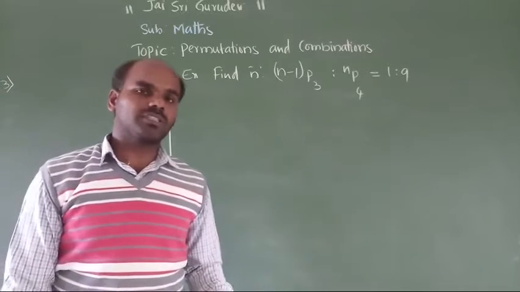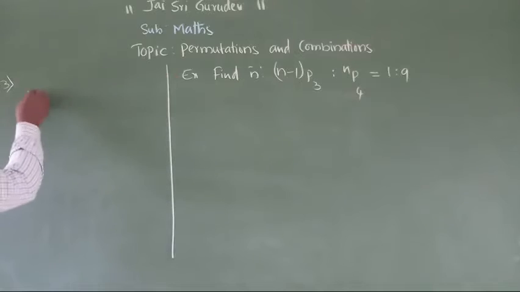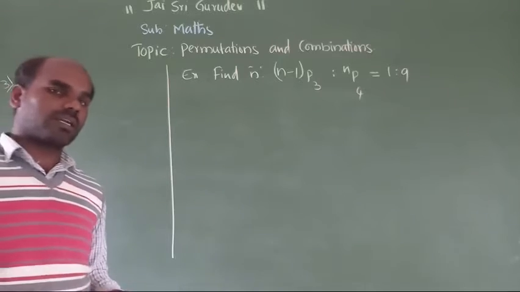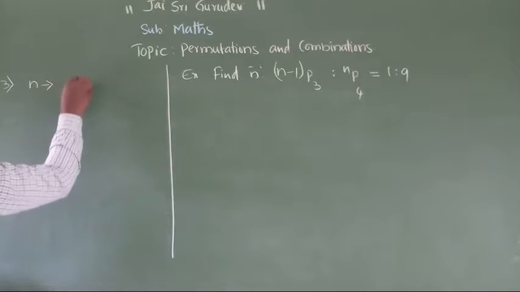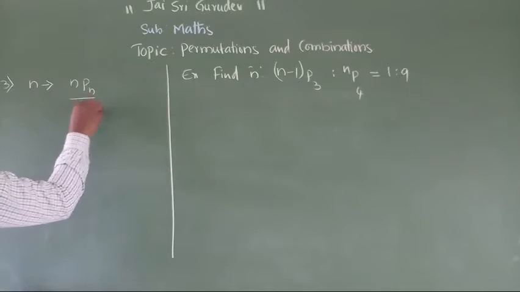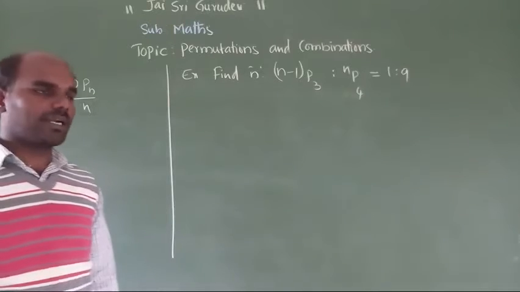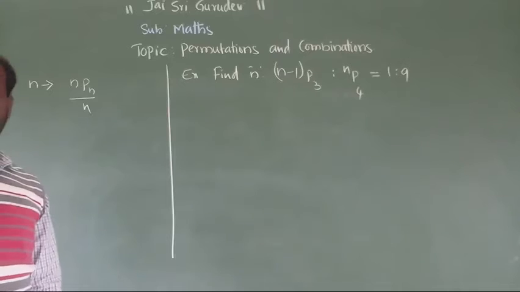For example, n flowers stitched in a garland. Then how many circular permutations are possible? That is nPn by n. How many circular permutations are possible, children? That is nPn by n.